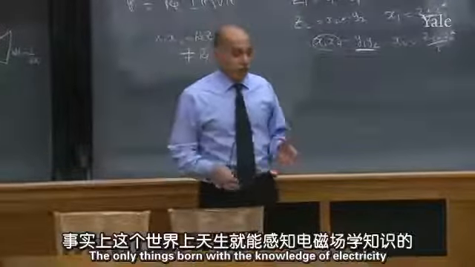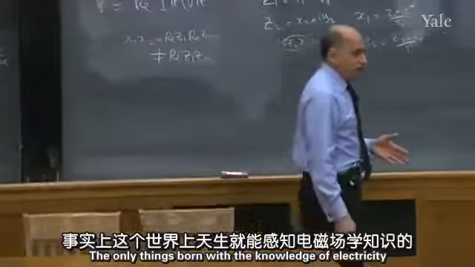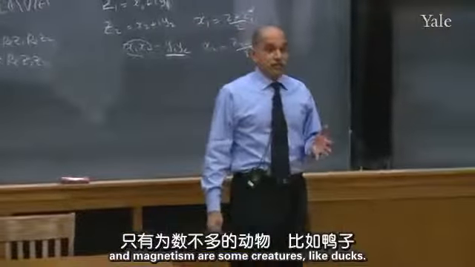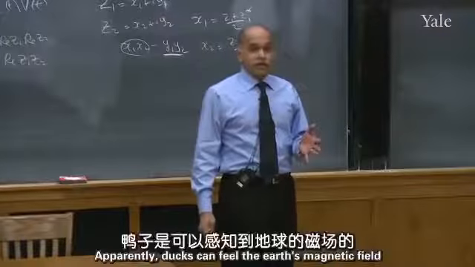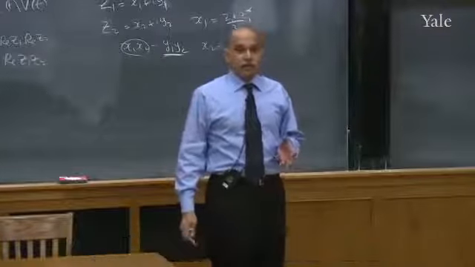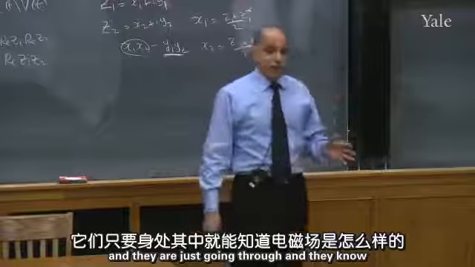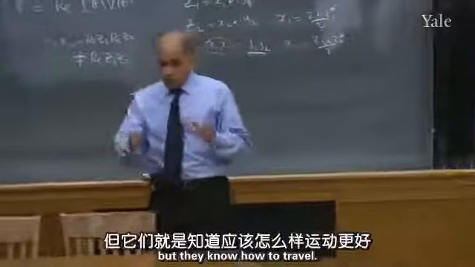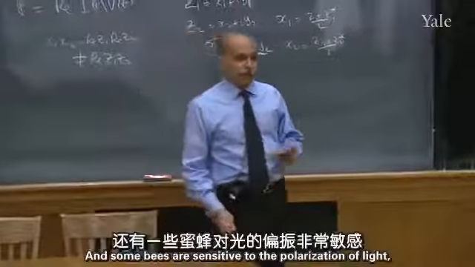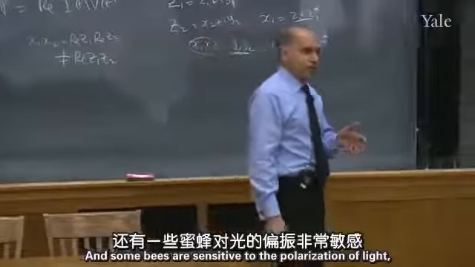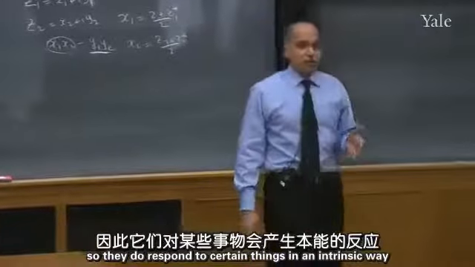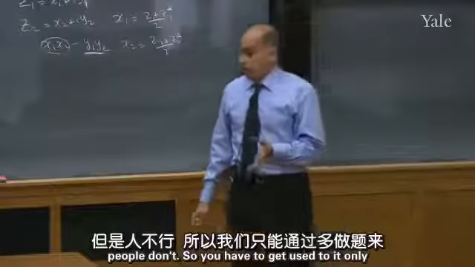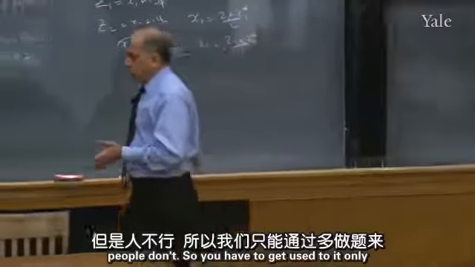The only things born with the knowledge of electricity and magnetism are some creatures, like ducks. Apparently, ducks can feel the Earth's magnetic field. And they're just going through, and they know which way to go. Okay? They don't solve Maxwell's equations, but they know how to travel. And some bees are sensitive to the polarization of light. So they do respond to certain things in an intrinsic way. People don't. So you have to get used to it only by doing more problems.